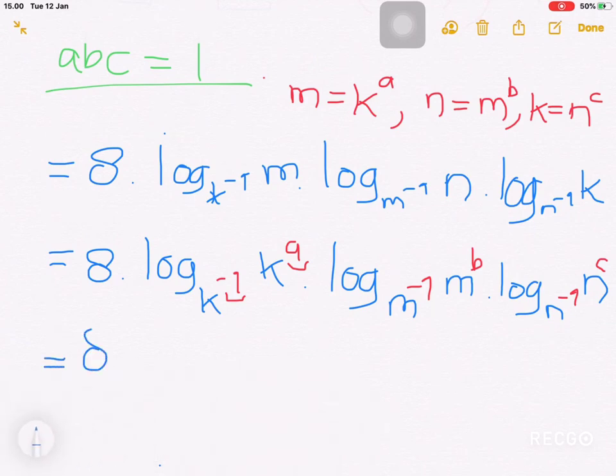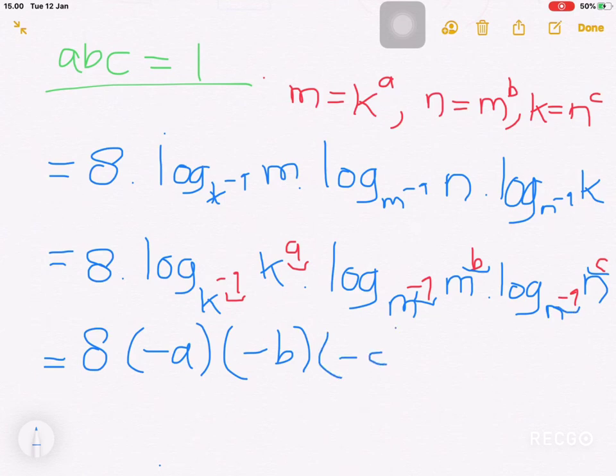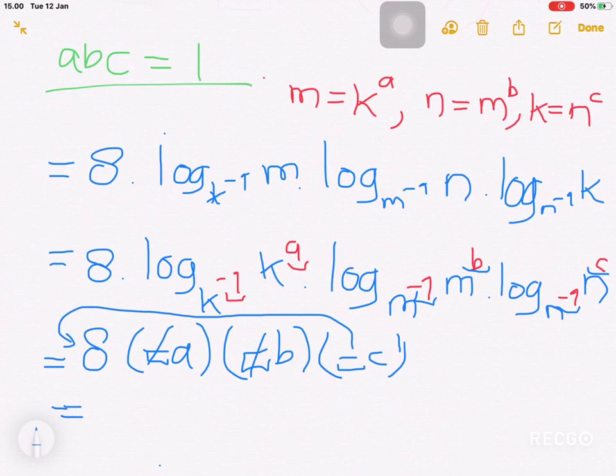So this is equal to a over negative 1, which is just negative a. B over negative 1 is just negative b. C over negative 1 again. And notice the negatives will cancel into positives, leaving, I'll bring the negative to the front, negative a times b times c.